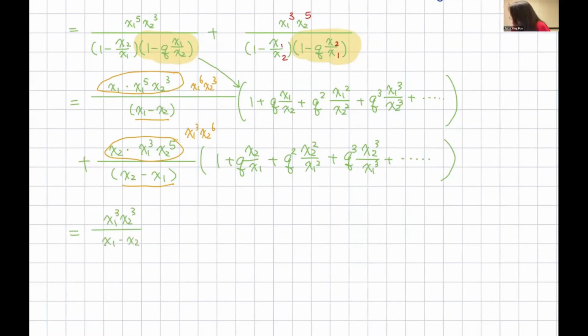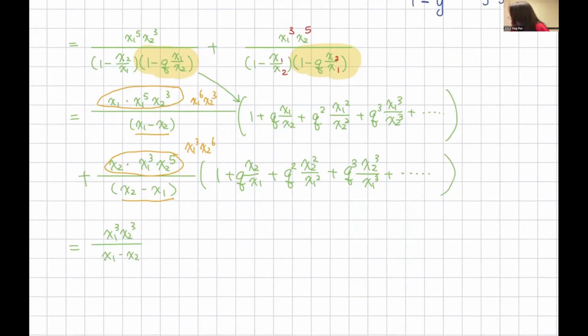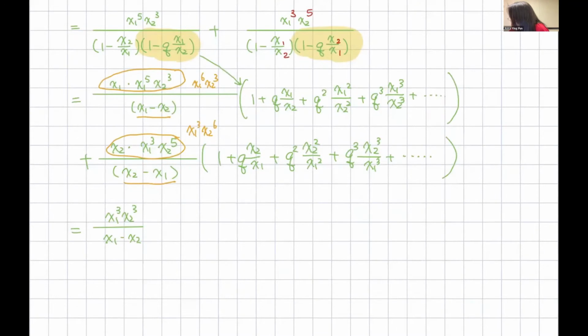All right, so what do I leave there? This guy has x1 cubed times that whole chunk, so I duplicate it and put it here. And the other one is just x2 cubed.